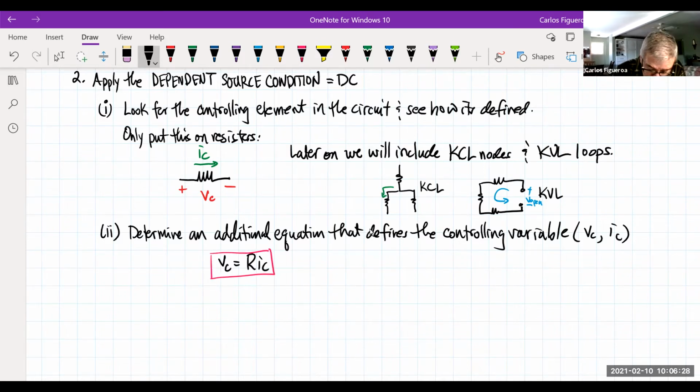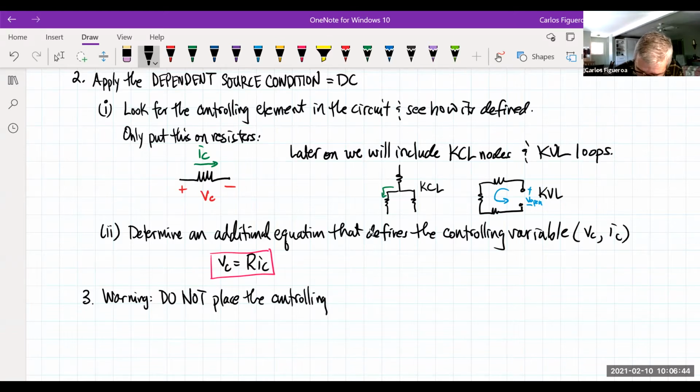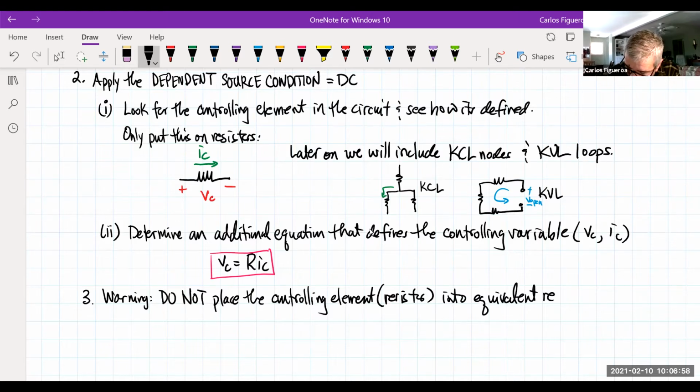And here's sort of a warning. Do not place the controlling element, so remember, in this case it's a resistor, into equivalent resistance calculations.